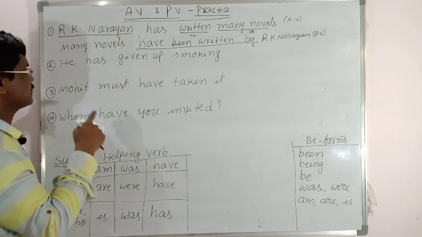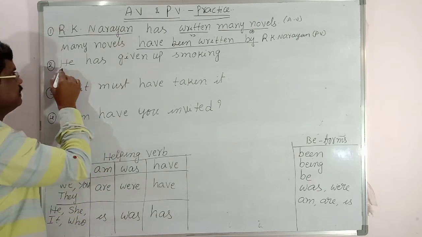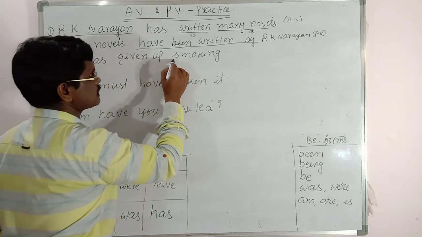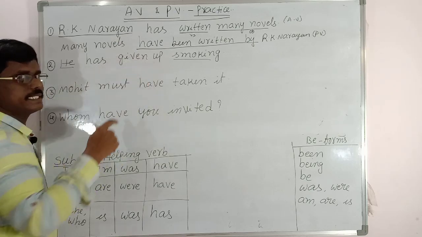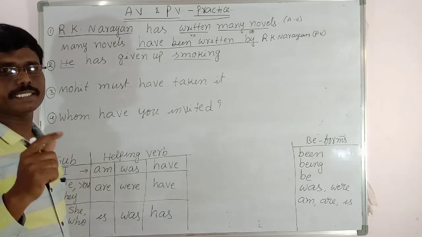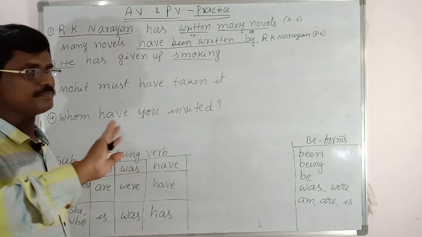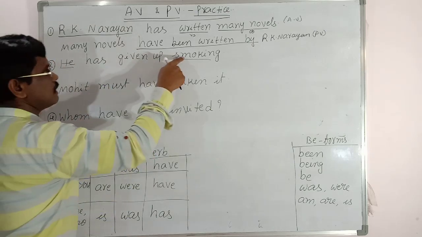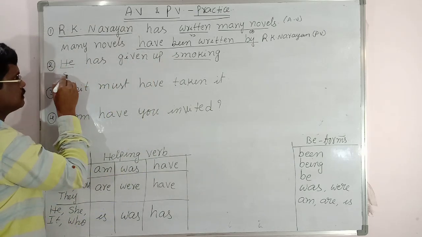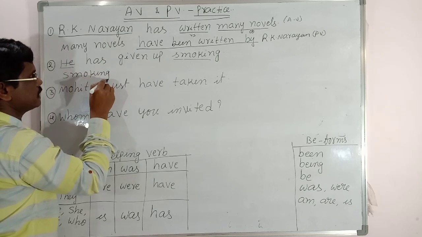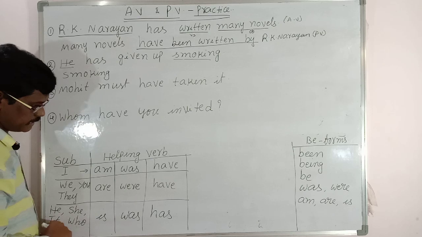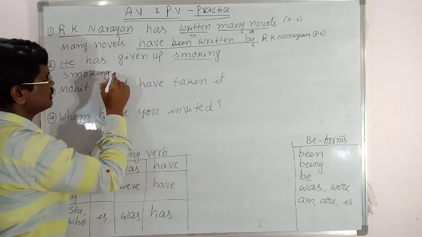Now let us see the second. He, subject, smoking, object. He has given up. Give, gave, given. Given up means leave, stop. So the object here, that is smoking. Only one thing, it means has.